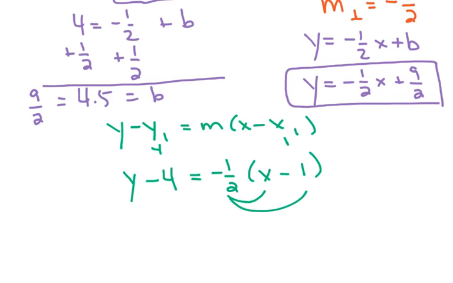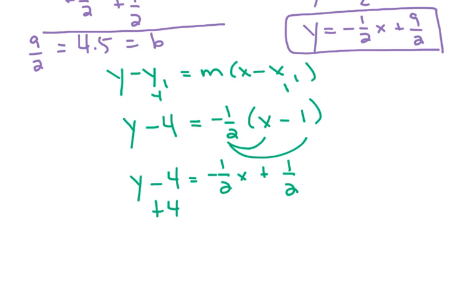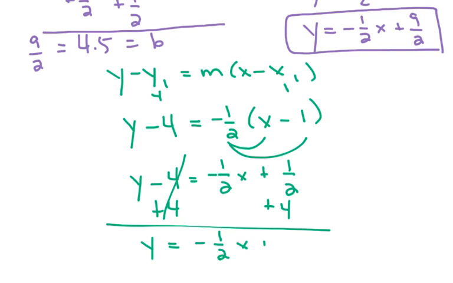And then I would distribute. So y minus 4 is equal to negative 1/2 x plus 1/2, because two negatives make a positive. And then I would add 4 to both sides, and look what ends up happening. I get the exact same answer.